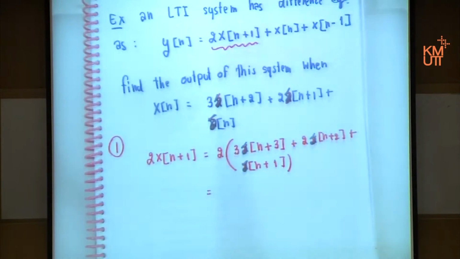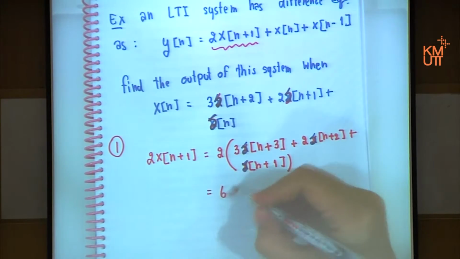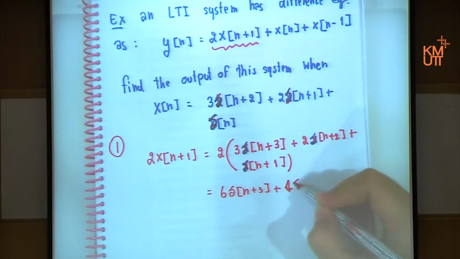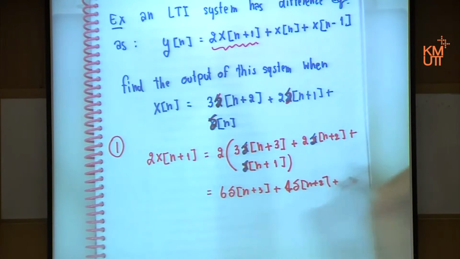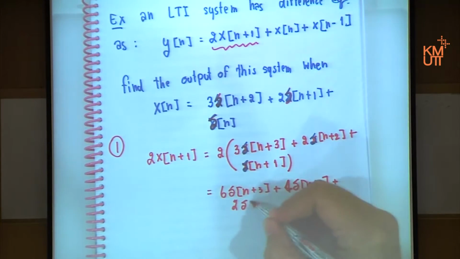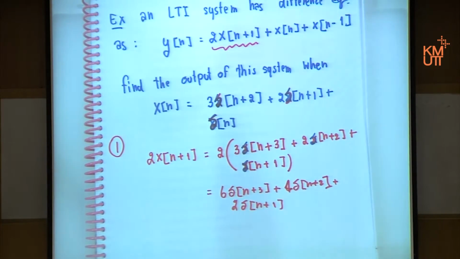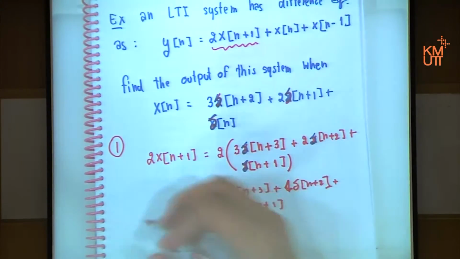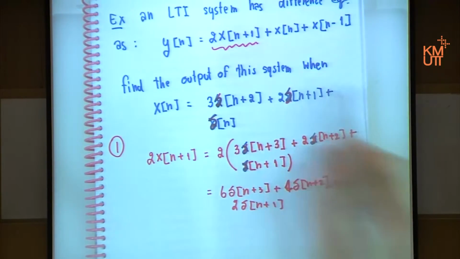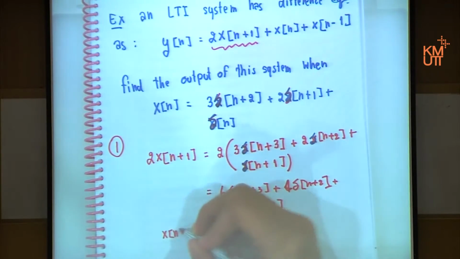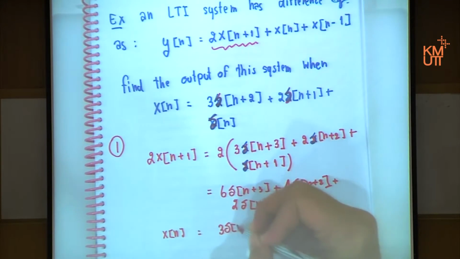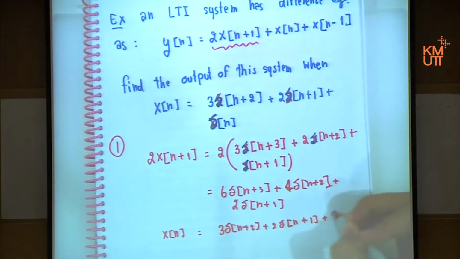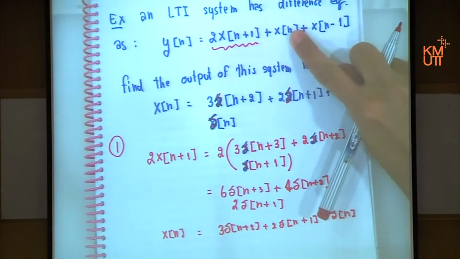So what is the first term? It will be 6δ[n+3] plus 4δ[n+2] plus 2δ[n+1]. That is from the first term, right? For the second term, you have x[n], and x[n] equals 3δ[n+2] plus 2δ[n+1] plus δ[n].